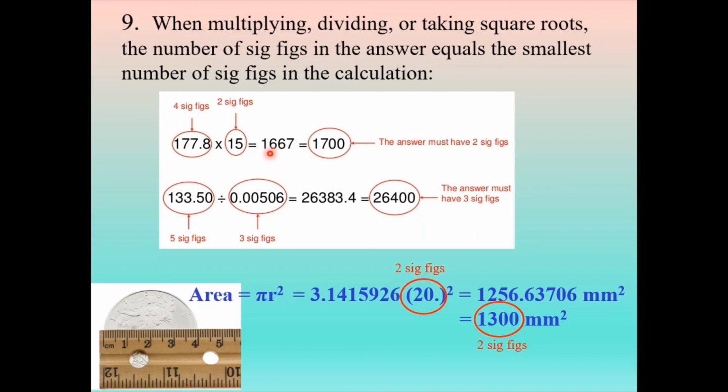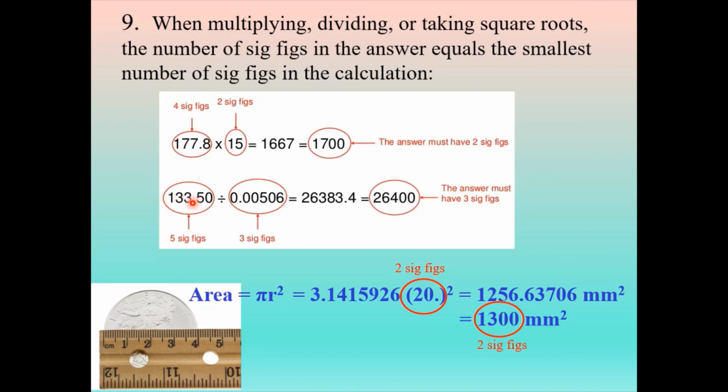This number right here has 4 sig figs, and that is not correct because our accuracy or our precision is only good to 2 sig figs. So our answer must only have 2 sig figs. All right, so this is a misleading answer. This is a little bit different than you might be used to in dealing with numbers and mathematics.